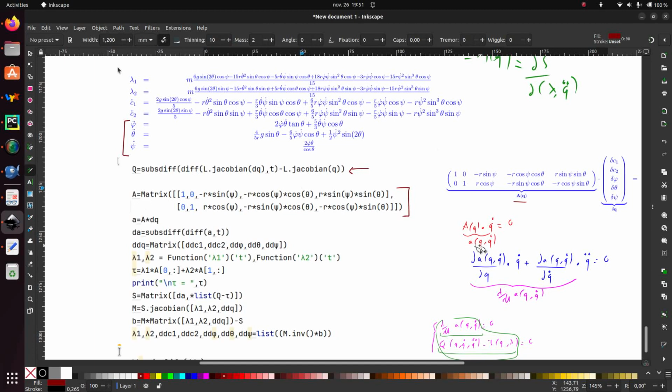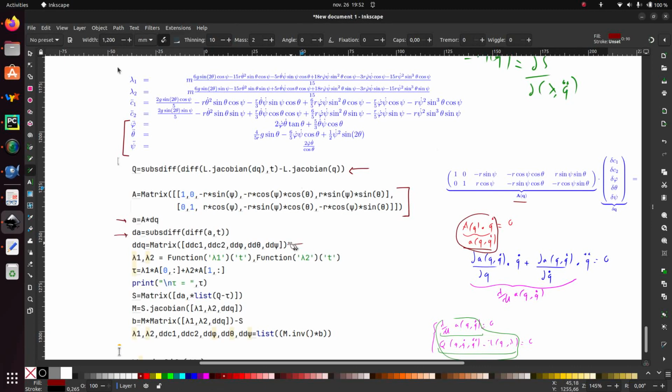Then I recall that small a is defined by this, so it's A of Q times Q dot. It is the one I get here. Then I compute the derivative. So I do not compute by hand, I use SymPy. This is given here.